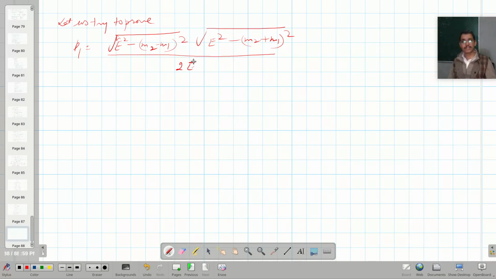So for this, let us consider E is equal to E1 plus E2, and this can be written as square root of (m1 square plus p1 square) plus square root of (m2 square plus p2 square).